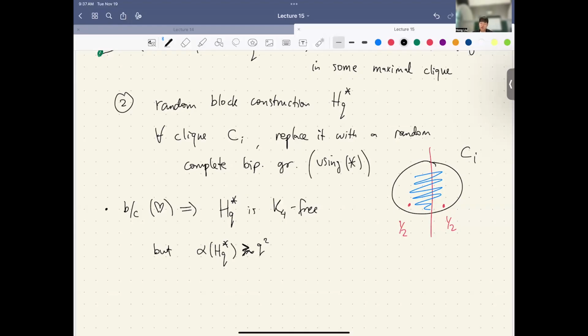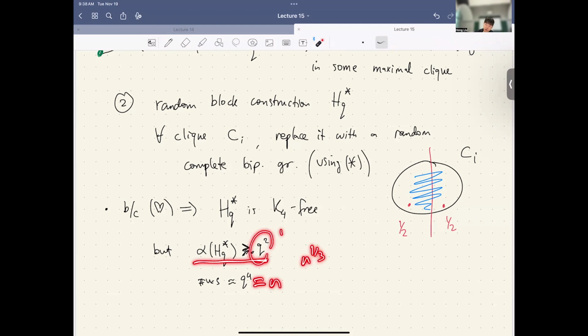This is not quite what we want because the number of vertices is q to the 4. What do we want? If this is n, we want n to the 1/3 for the independence number. So we need something below q to the 4/3. This is like root n. It's too big. And here's how we do random sparsening, the random sampling to Q.